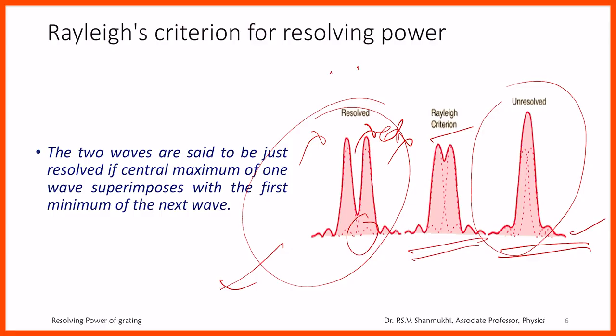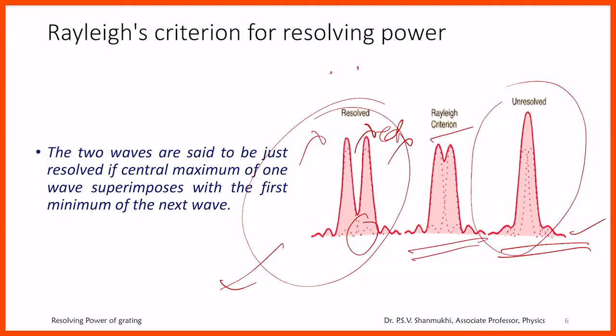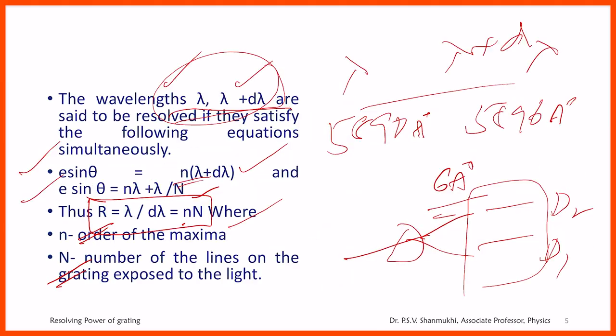So as per Rayleigh's criterion, the central maximum of one wave superimposes on the first minimum of the next wave. In this way, we can understand resolving power practically also. This is the resolving power mathematically, lambda by d lambda or n into N.